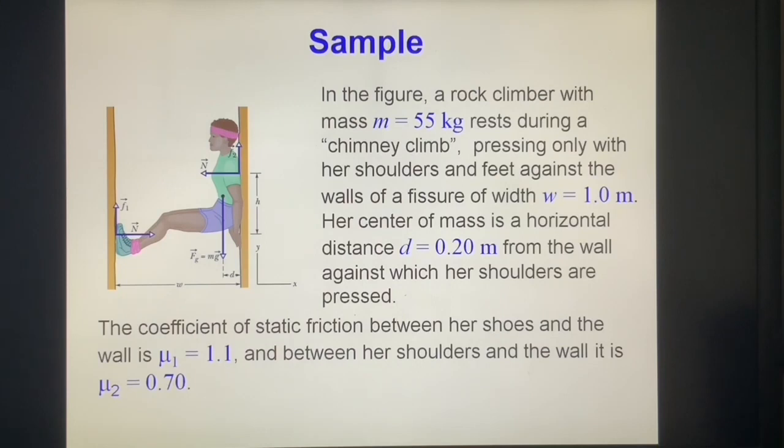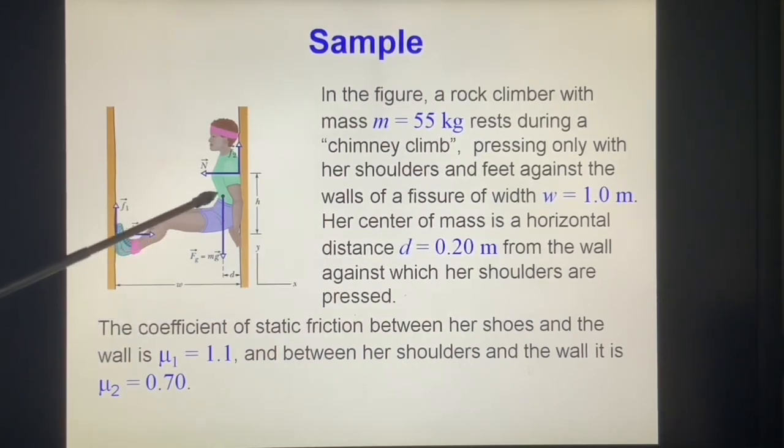Sample problem. In the figure, a rock climber with mass 55 kilograms rests during a chimney climb, pressing only with her shoulder and feet against the walls of a fissure of width 1.0 meter.